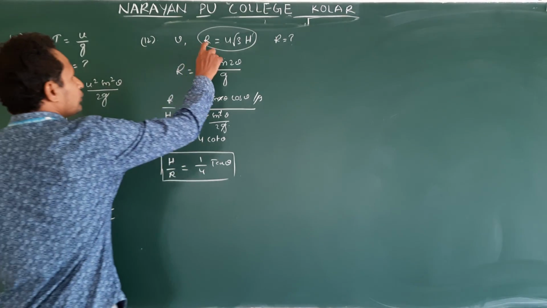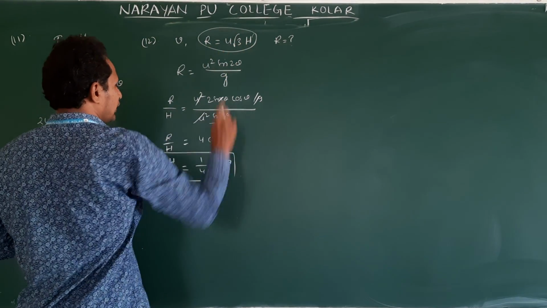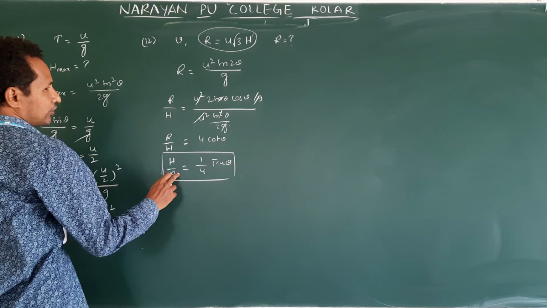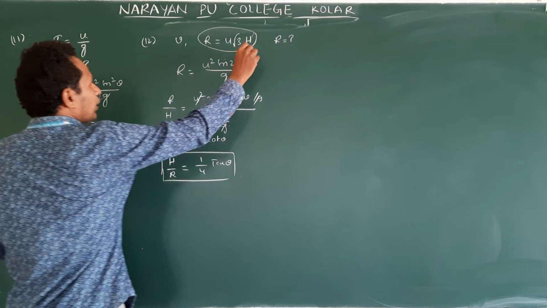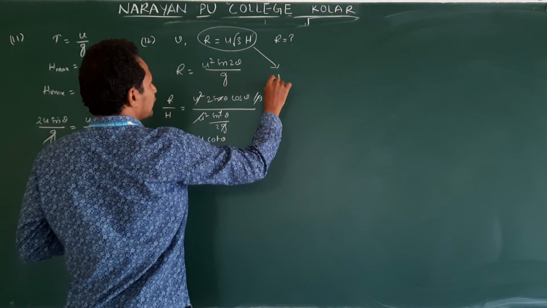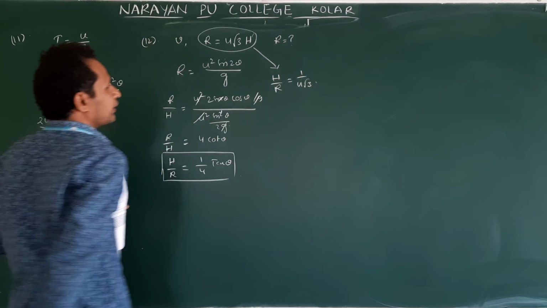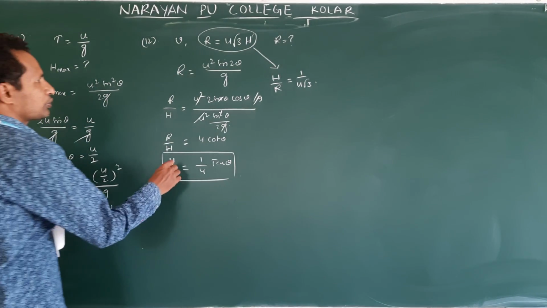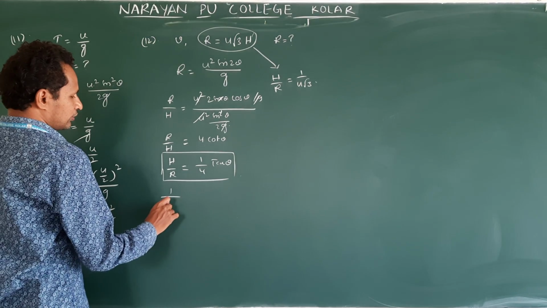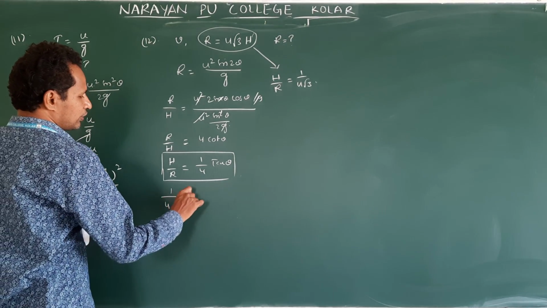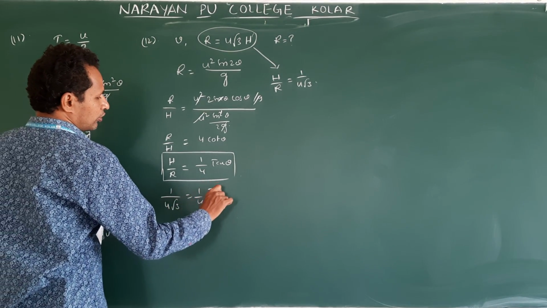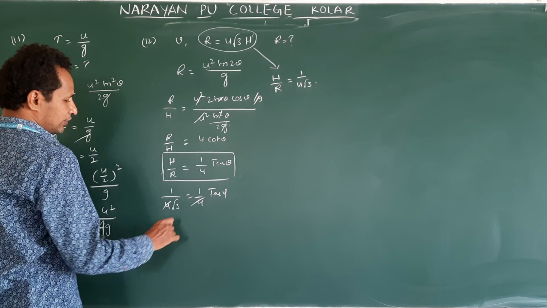Now what did they give? R is equal to 4 root 3 H. We have H by R. From this, H by R is 1 by 4 root 3. Now substitute here: 1 by 4 root 3 is equal to 1 by 4 tan theta. 4 cancels.